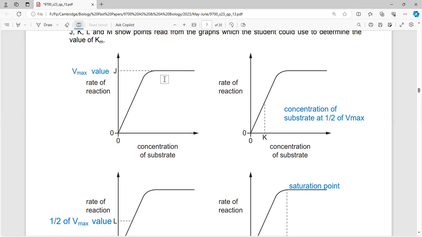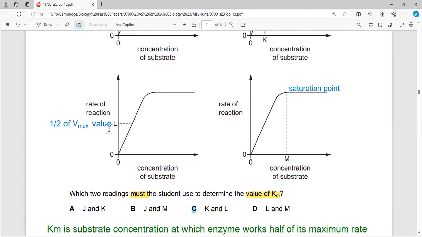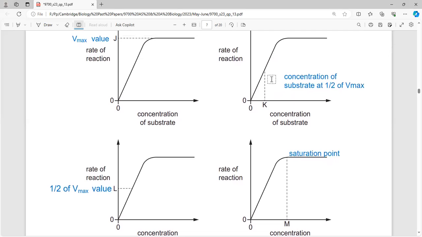After getting the Vmax, you need to go for halfway, L. So this L is a must for you. Half of this Vmax is the point L. Now from this point L, you draw a line until it intersects the graph line, and then you drop it down. At point K, in the third diagram, you will find this value.